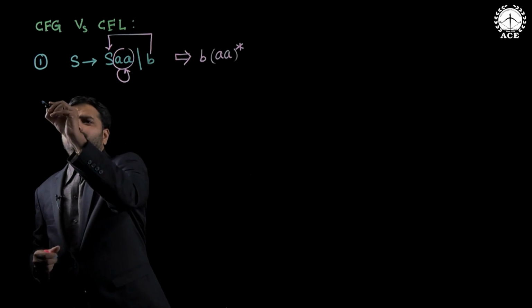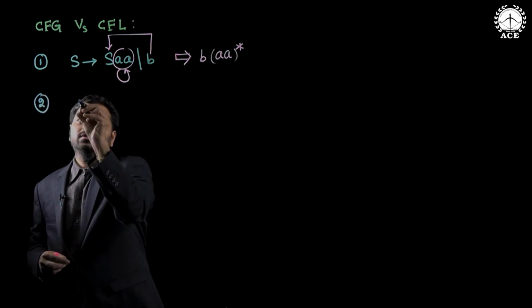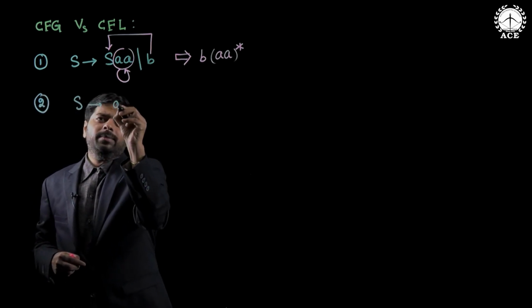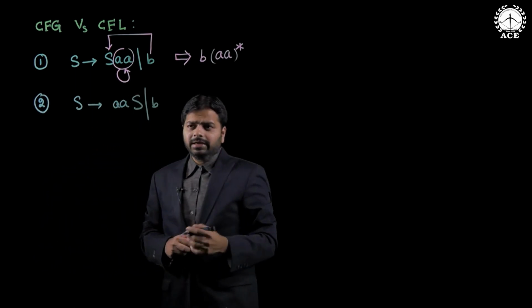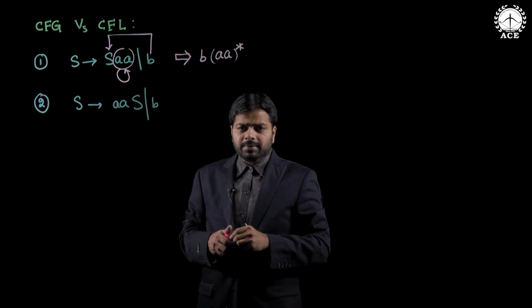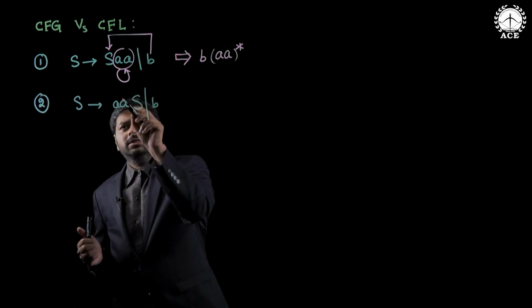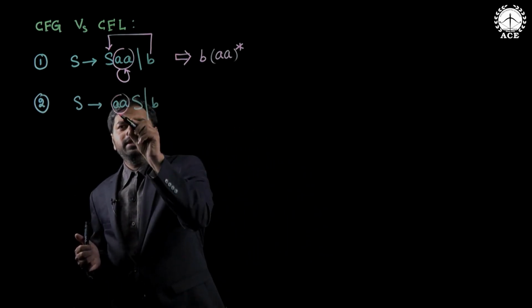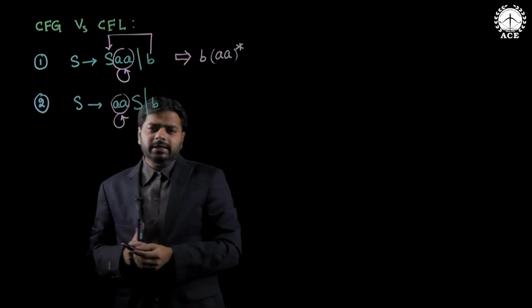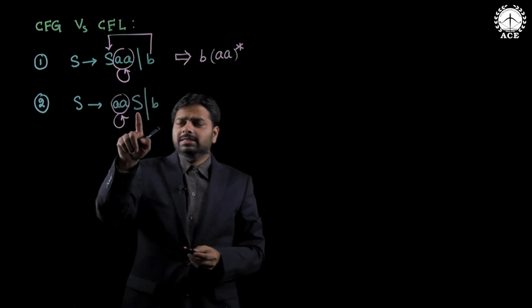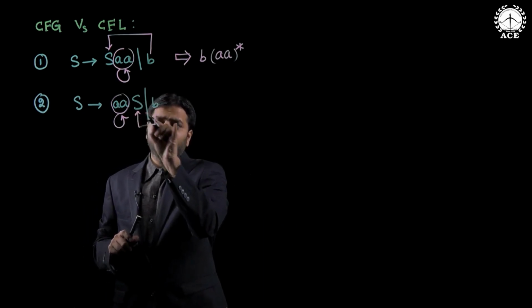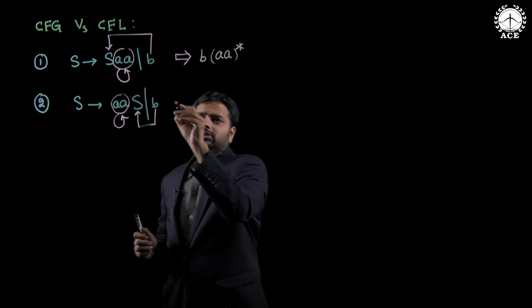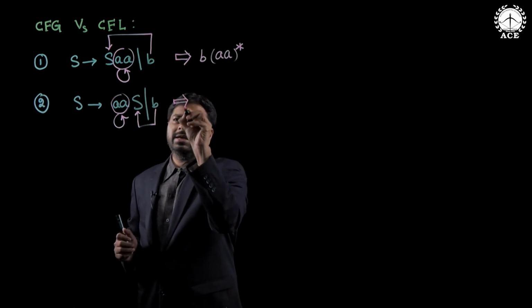Second one, S goes to AA S or B. It is a right-recursive grammar. The concept is the same again. The recursive term has AA, and that AA is going to be repeated as many times as we want, and S has to be stopped when we replace S with B. Now, what is the language of this second grammar?